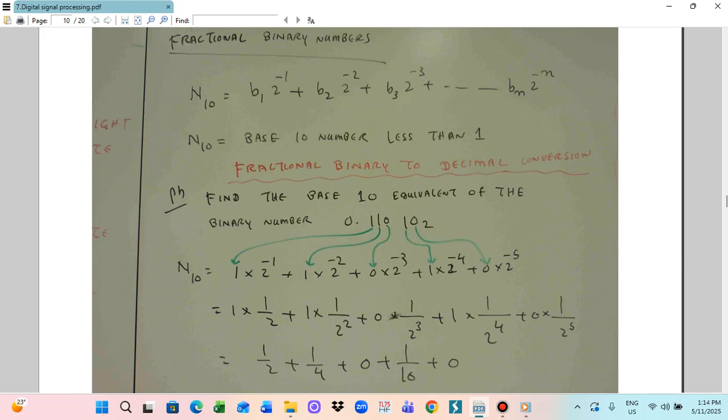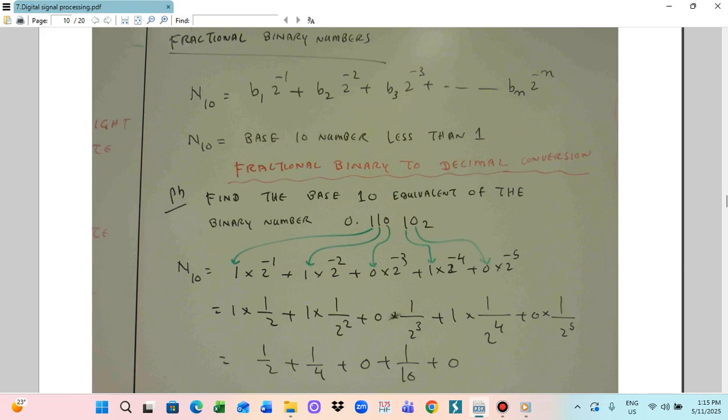In this case, our value is a base 10 number less than 1. This is called the binary fractional number. It goes B1 2 power minus 1, B2 2 power minus 2, B3 2 power minus 3, and up to Bn 2 power minus n.